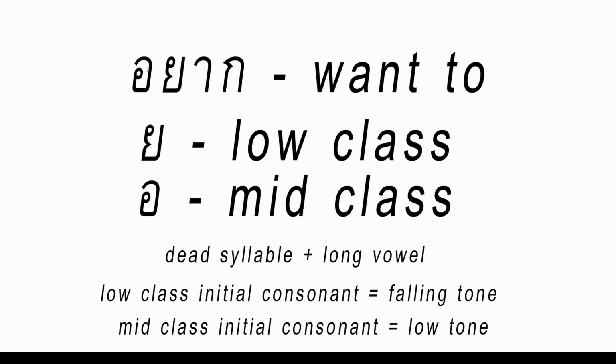If that character wasn't there, the initial consonant will be this one, which is low class. And because it's a different class, it would have a different tone. With a low class initial consonant and a dead syllable and a long vowel, it would actually have a falling tone. So it's only there for tone purposes, and it doesn't make any sound at all.